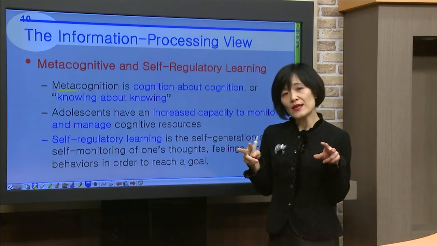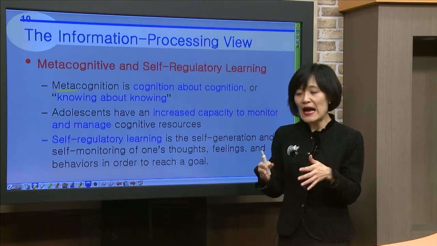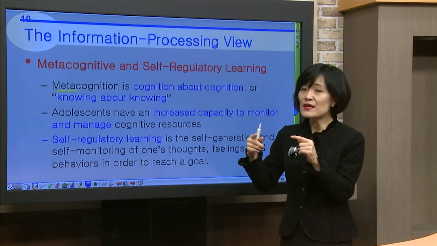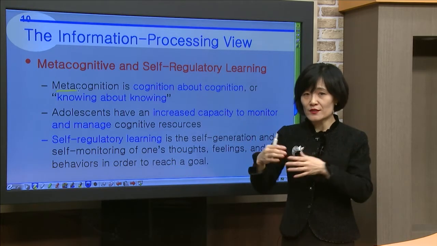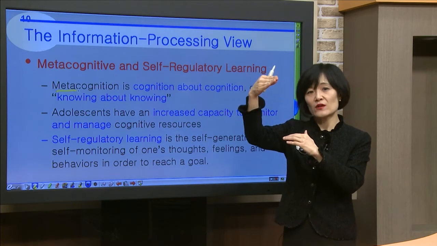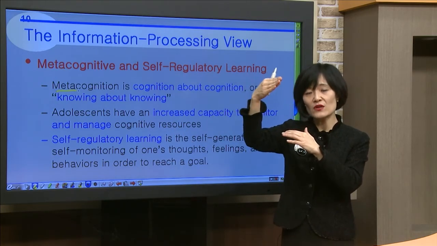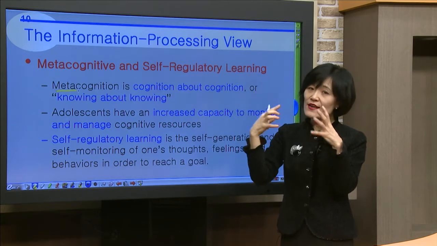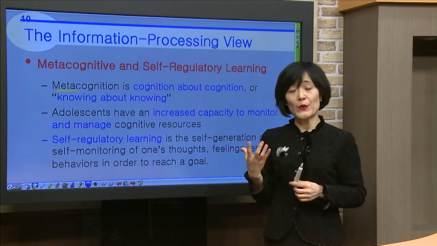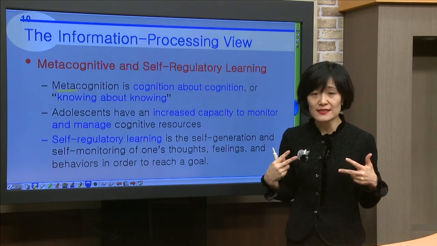Meta means that I know the fact that I know a certain situation. So that is two levels of cognition, two levels of understanding. It is complex, but metacognition is very important to have our self-concept.